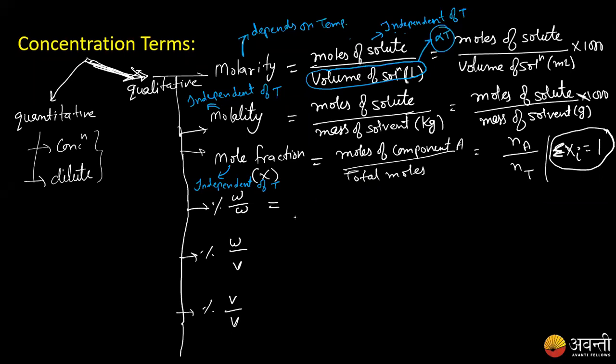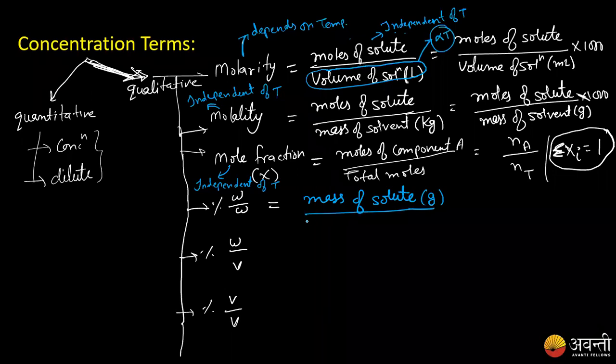So the percentage weight by weight is the mass of a solute, in gram, divided by the mass of solution, also in gram, into 100%.